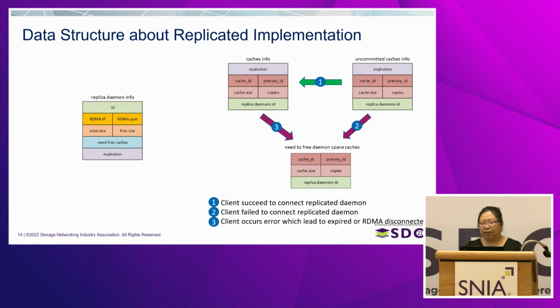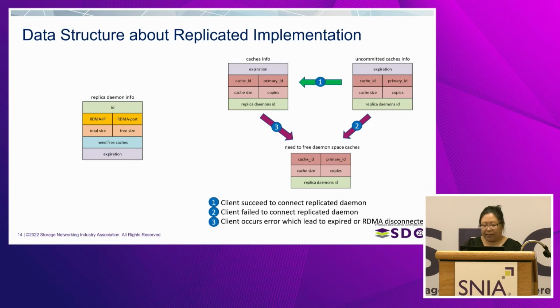When the primary client asks the Ceph cluster to assign a replica, the Ceph cluster will create this data structure to record the cache size, copies, cache ID and replica ID, meaning which replica the Ceph cluster assigned to be the client primary's replicator. And when the client succeeds in connecting to the replica daemon, it will tell the Ceph cluster we have set up the connection, and the Ceph cluster will transfer the uncommitted cache info to the committed cache info.